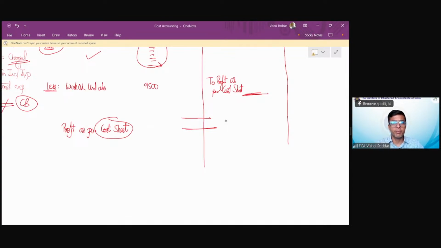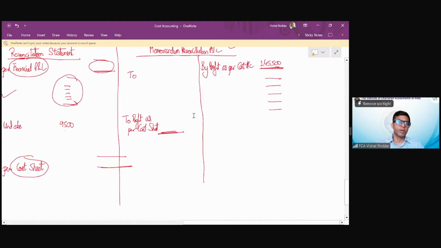Now the same thing, if I have to do by the statement format, what I will do is write it on the debit side: works overheads under absorbed, under charged, under recovered. So simply put it on the debit side. Mathematically, it will automatically get subtracted from the opening balance of costing profit because they are on opposite sides. Perfect, students.